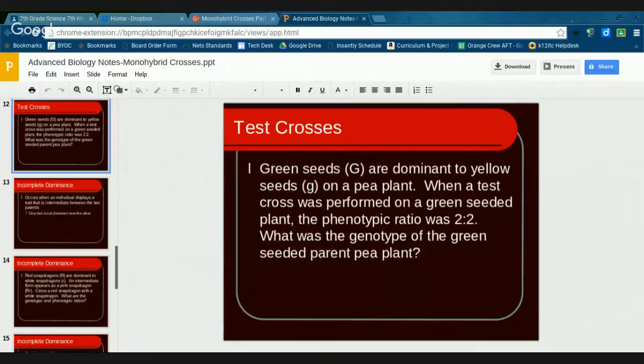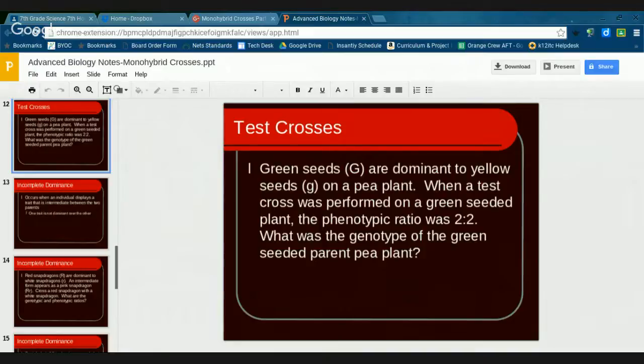In order for the phenotypic ratio to turn out 2 to 2, meaning half of your offspring are green and half are yellow, the only way you can get yellow offspring is if they get the recessive allele from the unknown parent and the known parent. So that genotype has to be heterozygous, or big G, little g.